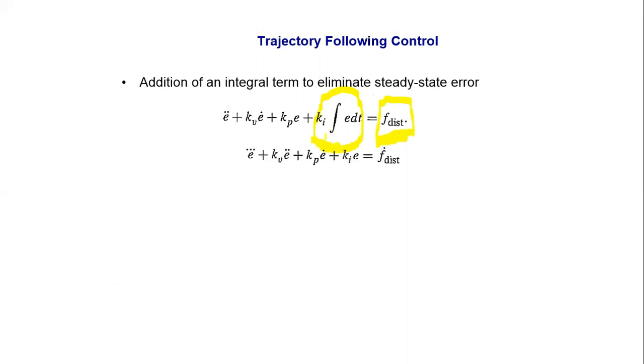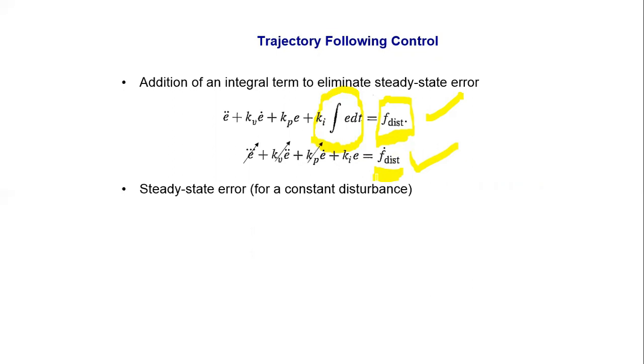If you apply this integral term and take a derivative of this equation, you will get this expression. For a constant disturbance, you can see that at steady state this will be 0, this will be 0, this will be 0, and because this is a constant disturbance, you will get ki e equal to 0, and finally e will be equal to 0.